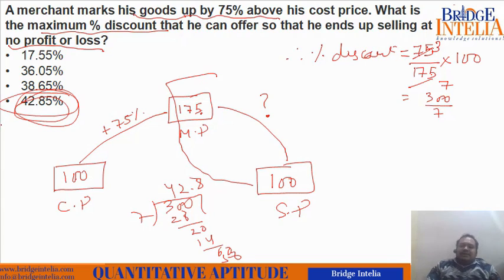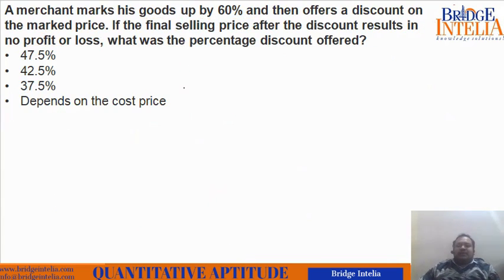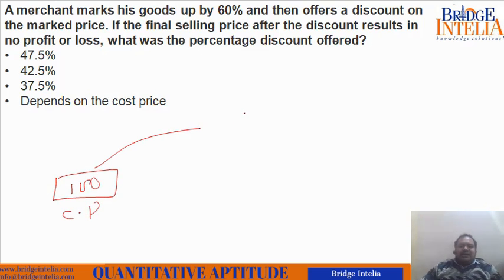Let's move forward. A merchant marks his goods up by 60% and then offers a discount on marked price. The final selling price after the discount results in no profit, no loss. Okay, same. So 100 cost price, you first mark it up by 60%.